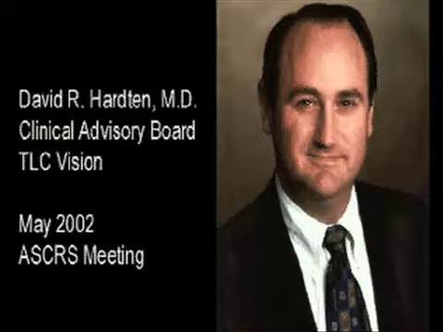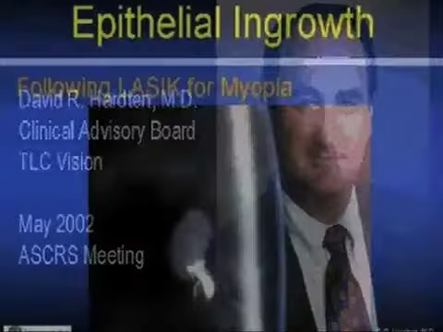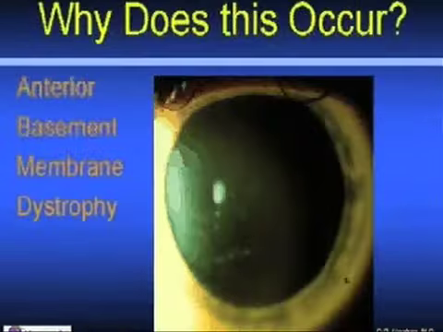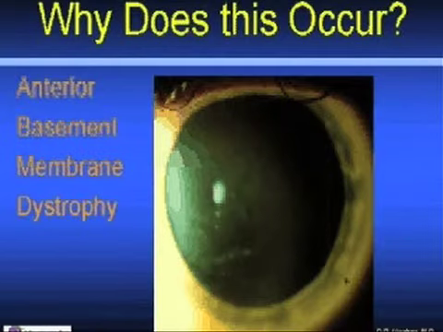Epithelial ingrowth is unfortunately a not too uncommon problem that can cause significant visual disability. As you see here with this plaque-like epithelial ingrowth, it's obvious that it would require removal and would be visually significant. Most of the time, epithelial ingrowth occurs because the patient has an epithelial defect at the time of the surgery, oftentimes associated with anterior basement membrane dystrophy, but it can occur for other reasons as well.